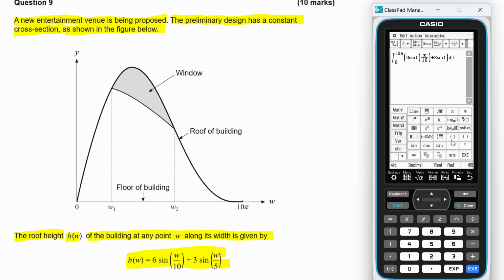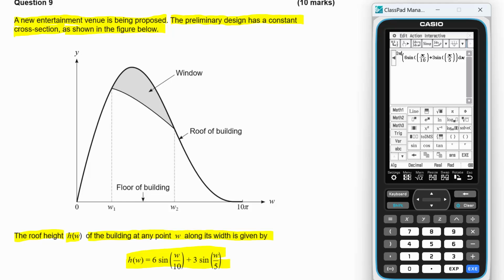sine, and it's going to be W over 5, X over 5, and integrate with respect to X, and incorrect number of arguments.